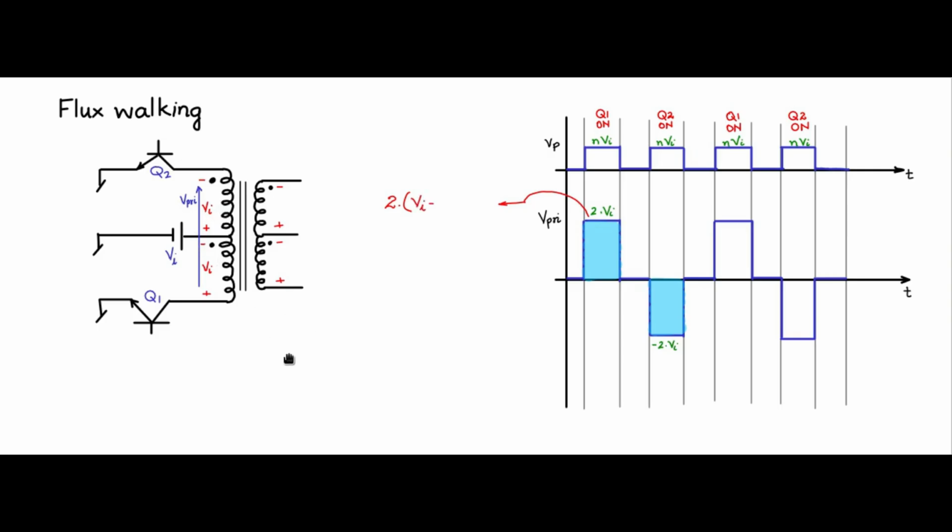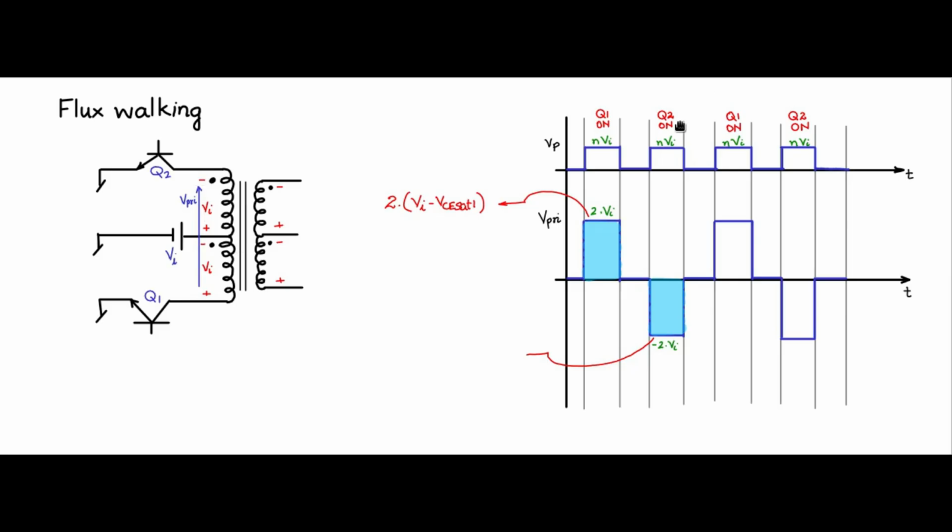So Vi minus VCE sat 1 appears across the primary coil connected to Q1, and 2 times that will appear across the entire primary coil.